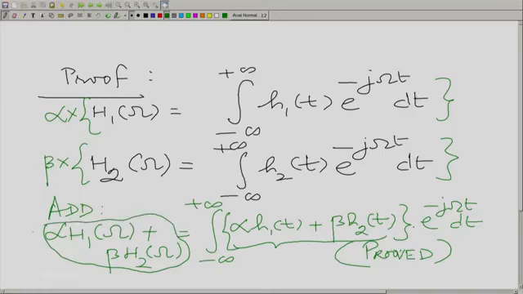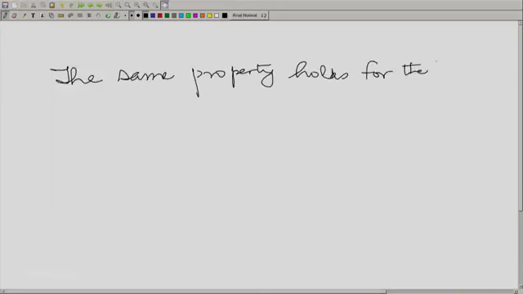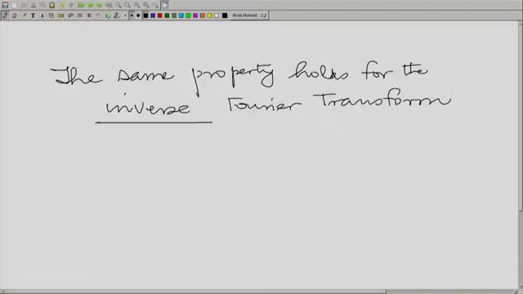A very simple proof. In fact, while we are on the subject, let us prove also the same property for the inverse Fourier transform. So, the same property holds for the inverse. In fact, we will now write down a symbol for the inverse.